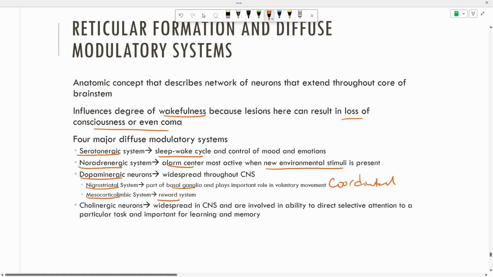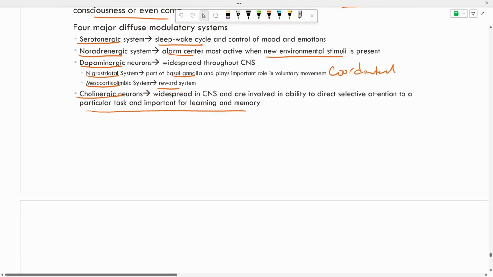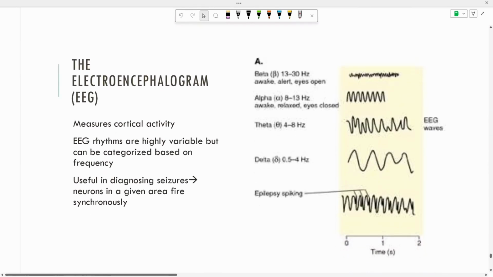And we also have the cholinergic, which is what? Acetylcholine, nicotinic receptors, it's your parasympathetic. And this cholinergic is very good for particular tasks and learning and memory. So these are different parts of the brain that have to deal with all of these different systems.